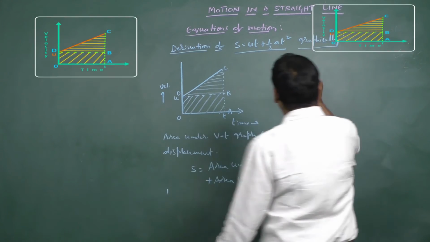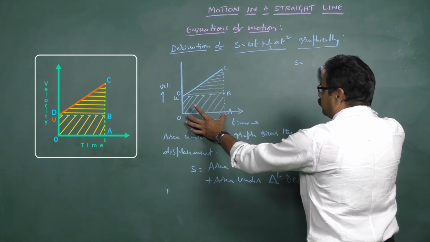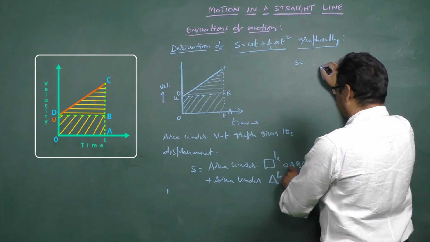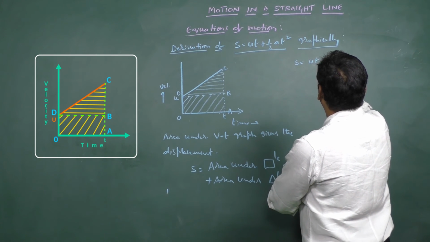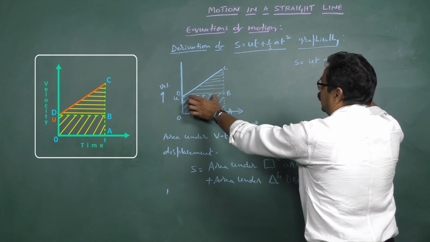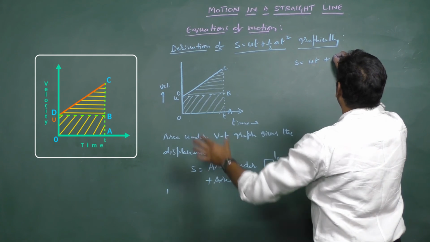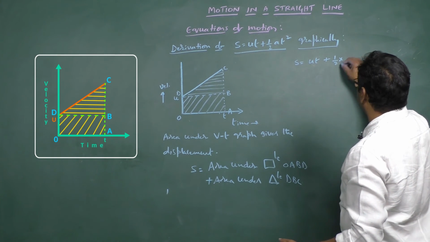Here I can write S is equal to, here it is time and here it is u, so the area under rectangle OABD can be written as u into t, plus the area of the triangle, which is half into base into height.